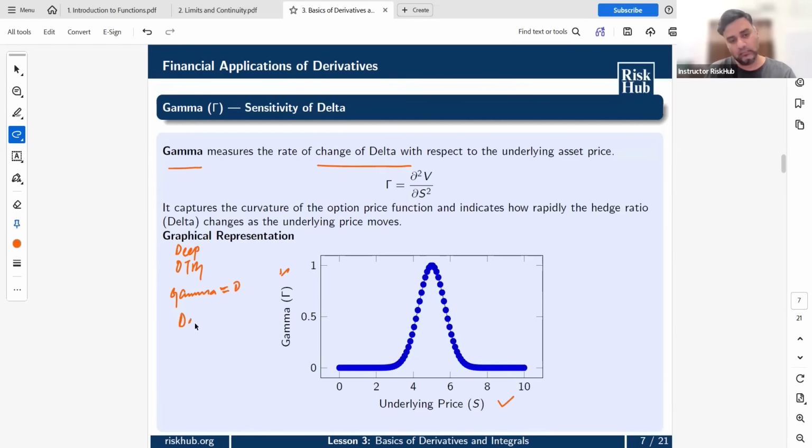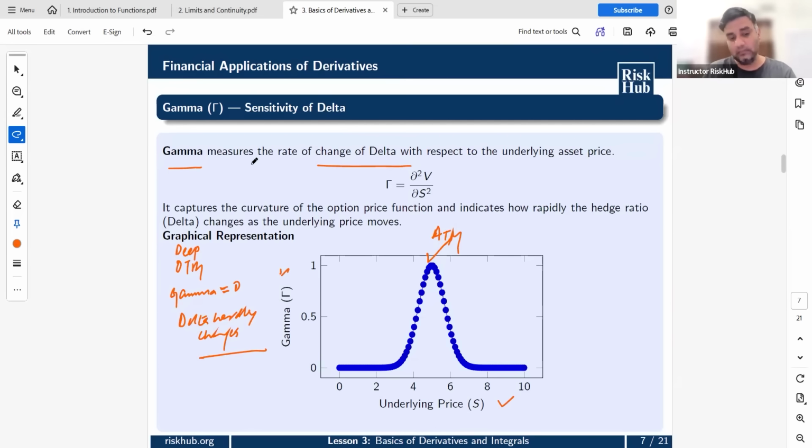So delta hardly changes. Delta hardly changes. Gamma is almost equal to zero. And when you are near the strike price, gamma peaks, right? This is ATM. So small stock movements cause large delta changes, right?